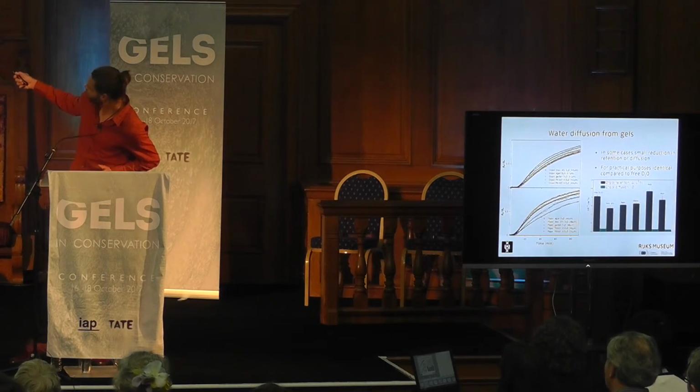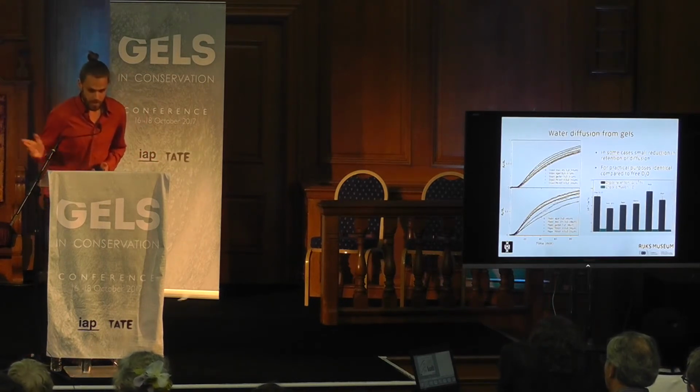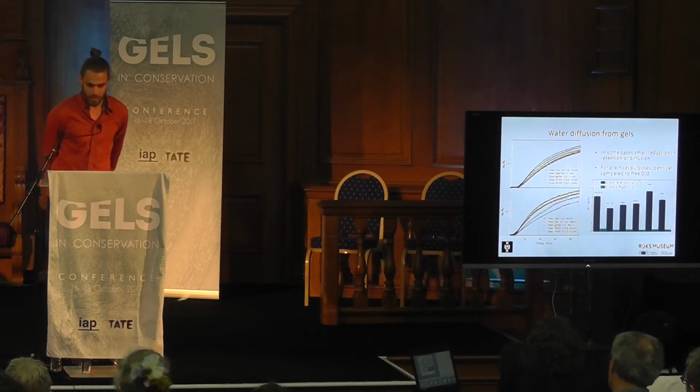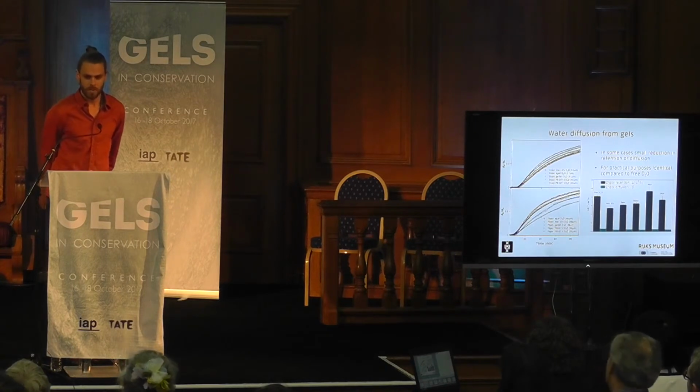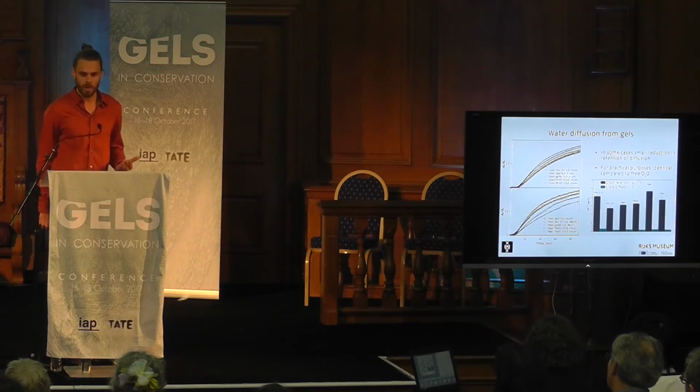So that's this time. This is depicted in the gray bars, and in the green bars is the diffusion coefficient. This is compared for solvents or water diffusing from a reservoir of solvents versus diffusion from a gel.